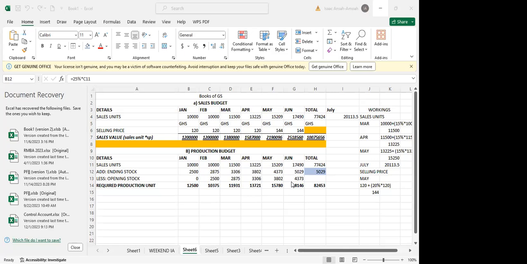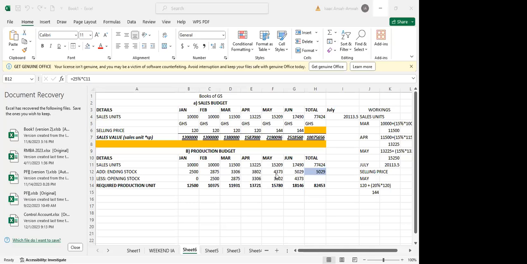And then I'm taking the opening stock again. The ending stock of one period becomes the starting stock of the next period. So ending stock of January became the starting stock of February. But we are having zero here because this business is a new business, a startup. Ending stock of June becomes the starting stock of July.